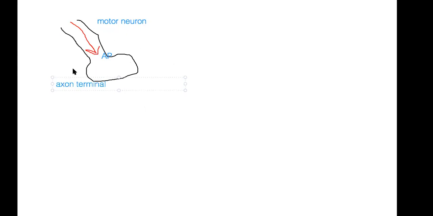So we have our motor neuron ending in our axon terminal. An action potential is an electrical signal. You don't need to know right now the exact mechanism, the exact biology of the action potential in the motor neuron. We're going to just leave it very vague, and in the next unit, we'll spend a lot more time talking about it. So an action potential is generated by the motor neuron and it reaches the axon terminal.